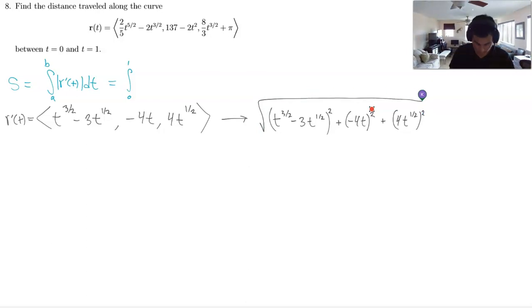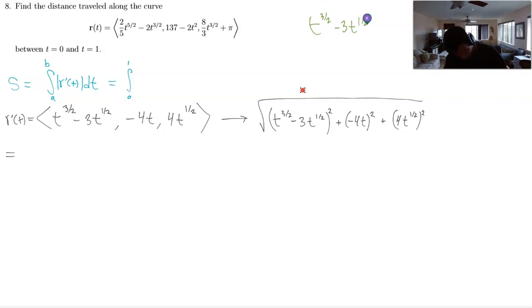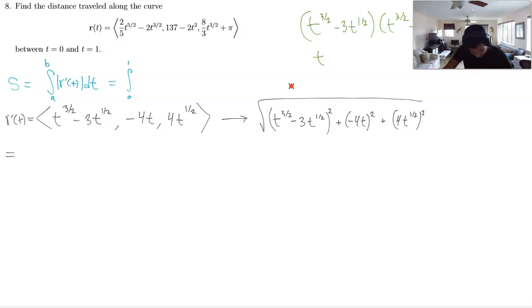Okay, so what does that become? Real quick, we'll go in green and do it over here for just this part, because I don't want to write that out inside the square root. So t to the 3/2 minus 3t to the 1/2, times t to the 3/2 minus 3t to the 1/2. What do we get? It's going to be t to the 3/2 plus 3/2, that's 6 over 2, so that's 3.